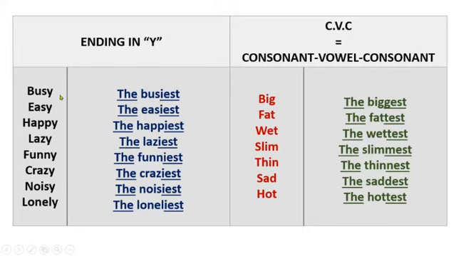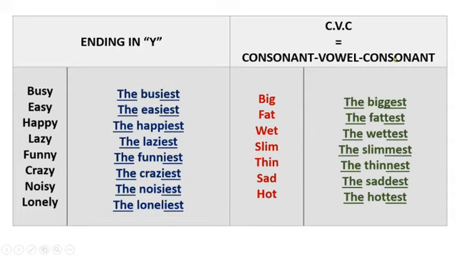We change the letter y into i plus est. We have bossy, the bossiest; easy, the easiest; happy, the happiest; lazy, the laziest; funny, the funniest; crazy, the craziest; noisy, the noisiest; and lonely, the loneliest. Don't forget that.